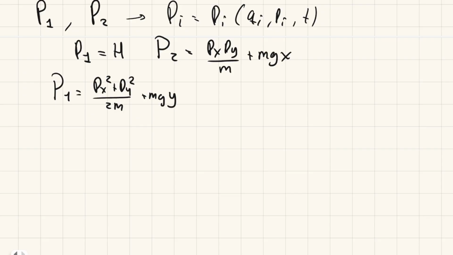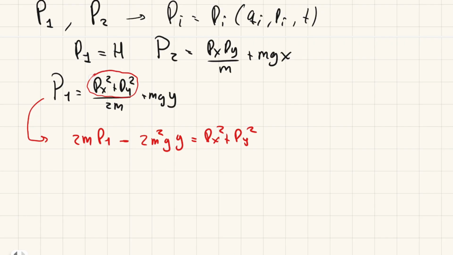So, first of all, let's say from this equation that we will have that 2m P1 minus 2m squared gy is equal to px squared plus py squared, right? Just by solving this equation for this element that we have here.